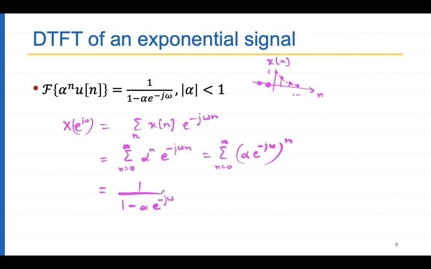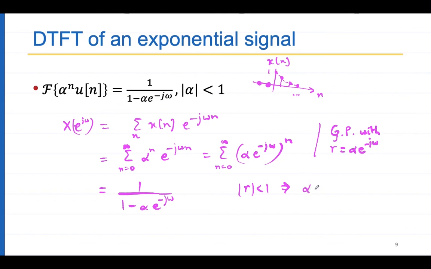But if you remember, an infinite GP is summable only when the mod of r is less than 1, right?